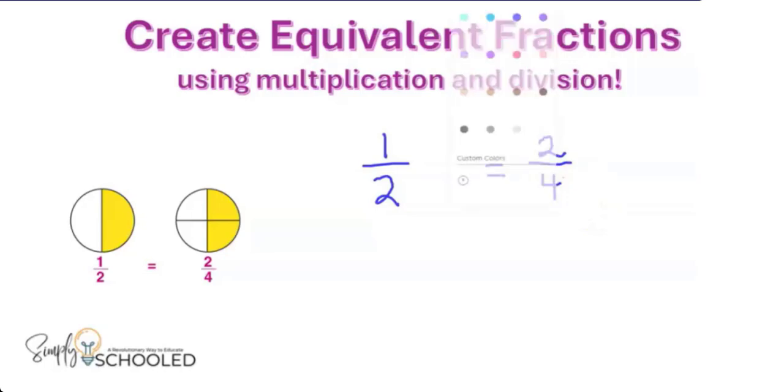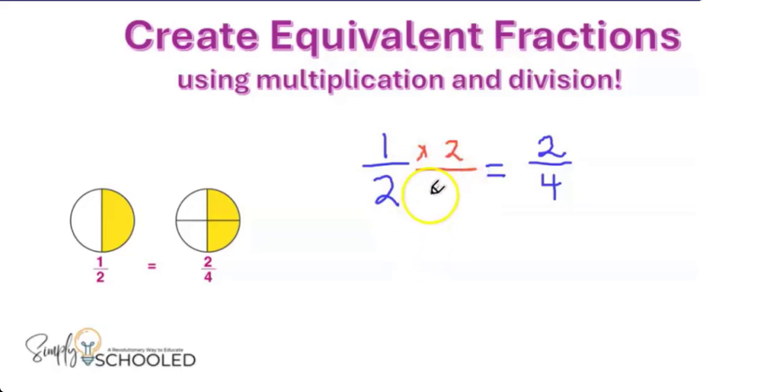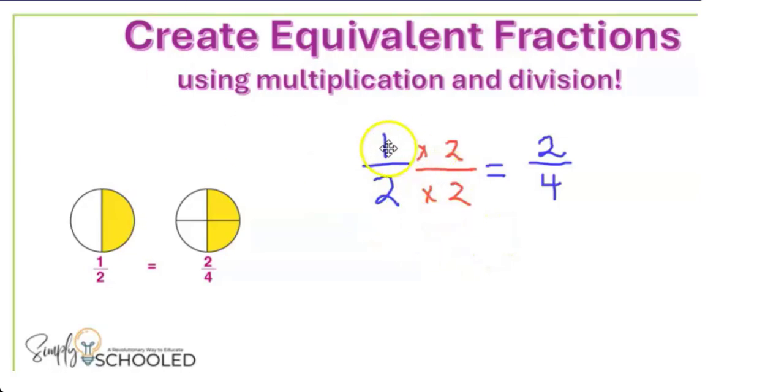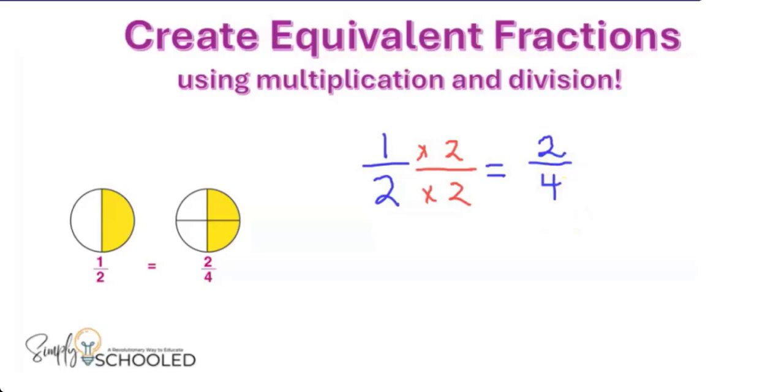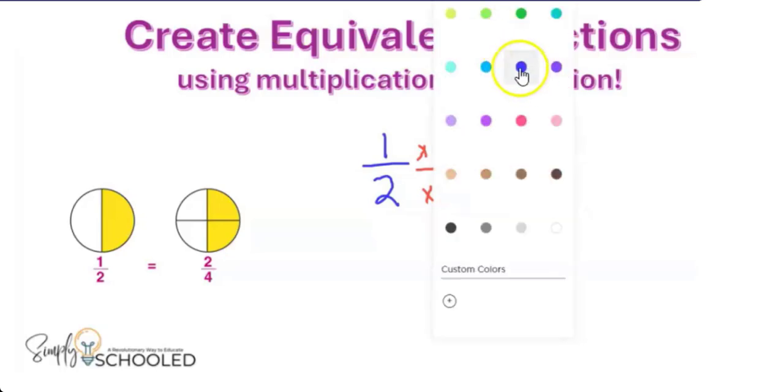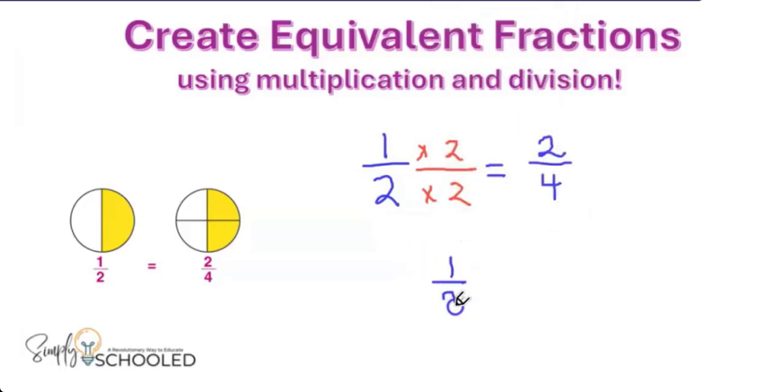Well, we can actually find this by multiplying 1 by 2 and multiplying 2 by 2. So in other words, we multiplied the numerator and denominator each by 2, and we got 2/4, which means that 2/4 is equivalent to 1/2.